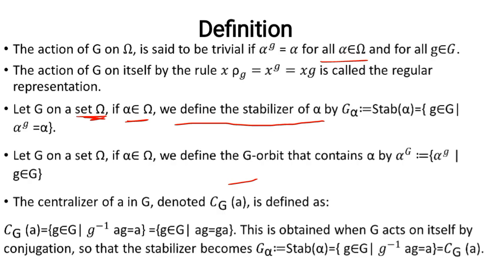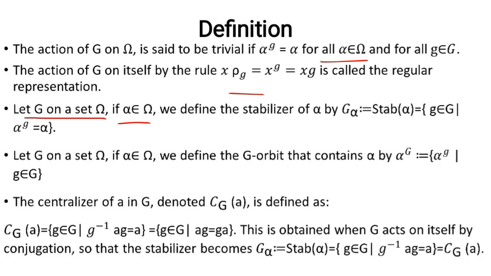A stabilizer is a subgroup of G that contains all elements that fix alpha. So like in the case of the trivial action here, even if it picks y, G acts on y, and it gives you back y. Every time it does that, the stabilizer will be the set collecting all the elements that whenever G acts on it, it will always fix it, leaves it the same.